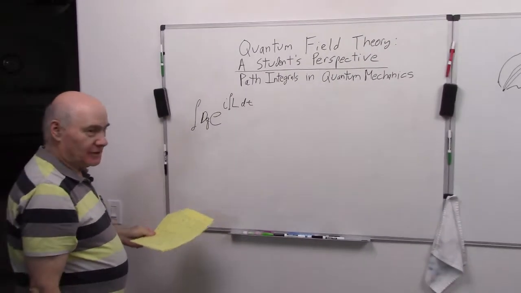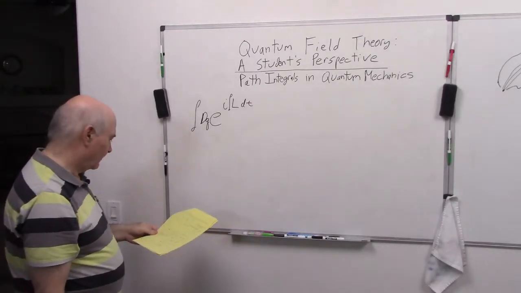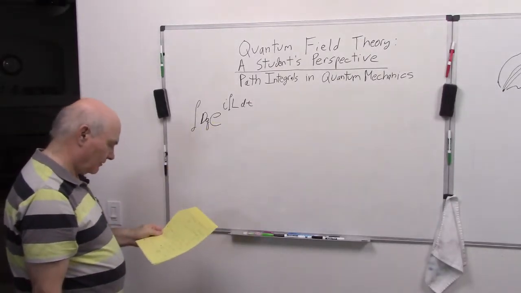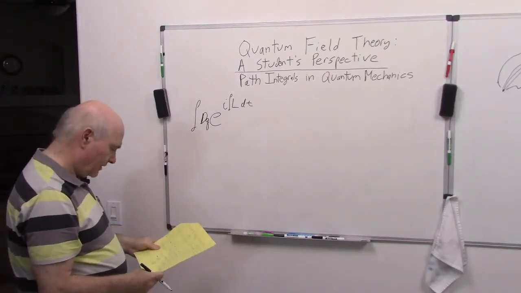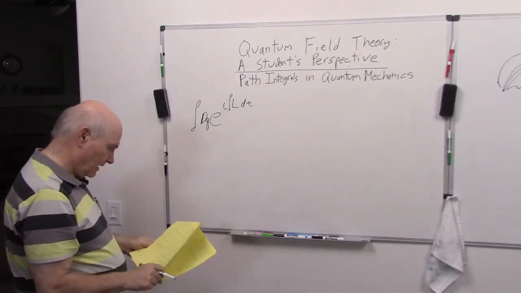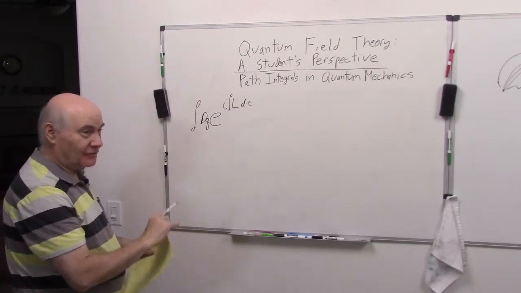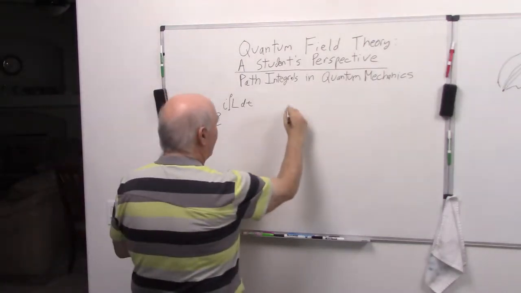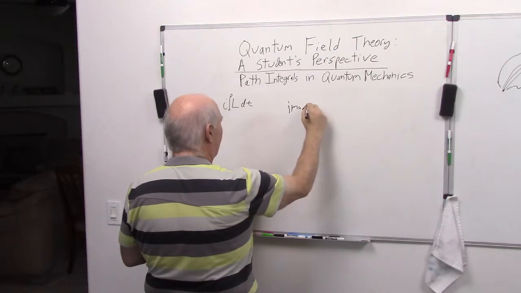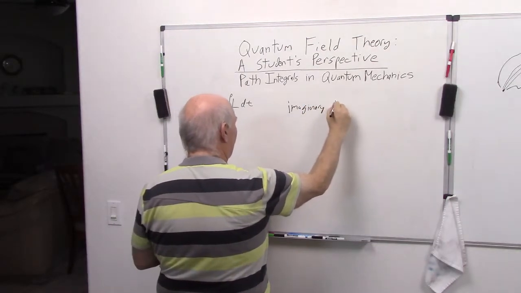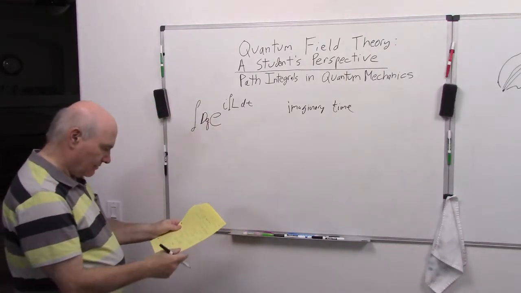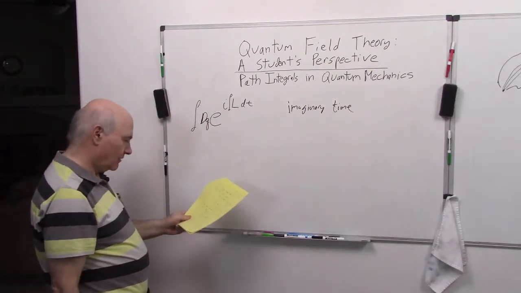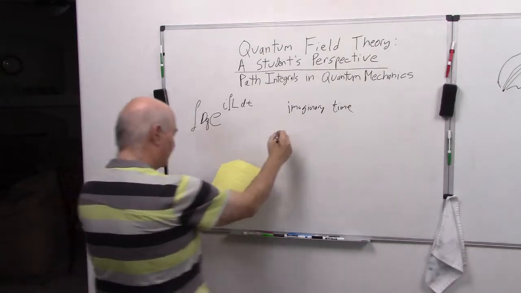People have been working on it, but I still don't think there's a rigorous mathematical theory for the path integral where it's well defined, at least in physics. But there is something called imaginary time, sometimes called Euclidean time, where it will be much easier to define.